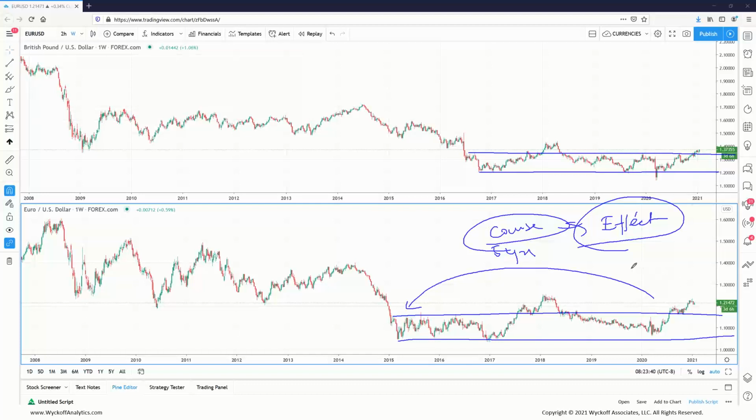Right away you have to start thinking: if it's going to continue for some time, what are my targets? Well, your targets are going to be all of the lines of resistance observed on the long-term chart. So here it is for the euro. These are your very, very high targets.